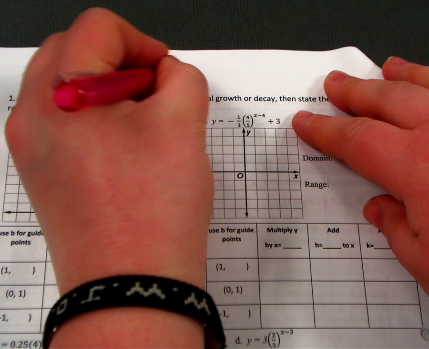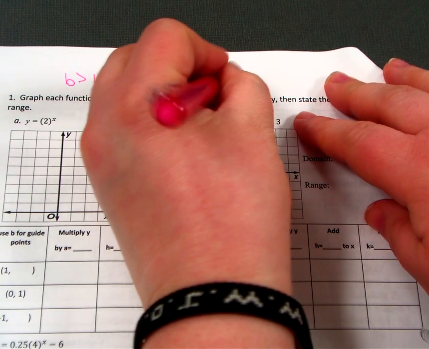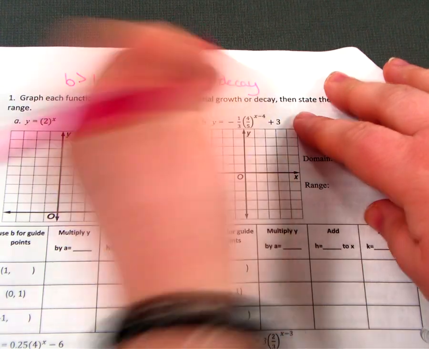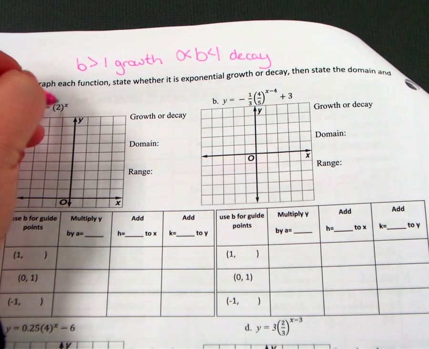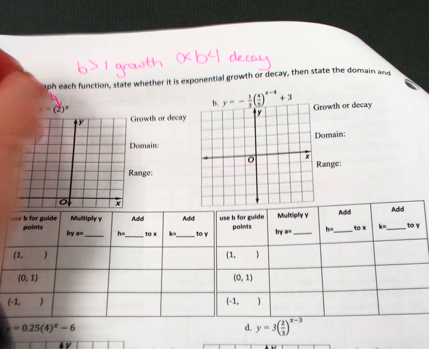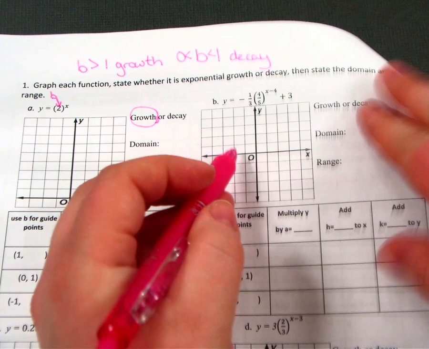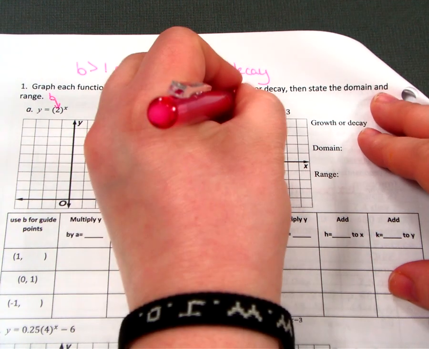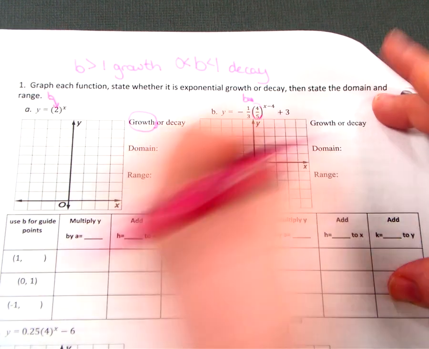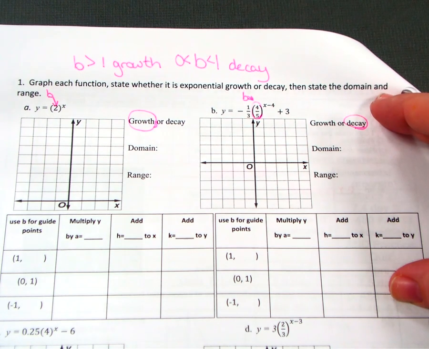And when B is between 0 and 1, we have exponential decay. So when you look at number 1A, the B value here is 2. So that represents exponential growth. And the next one, the B value is 4/5. So that represents exponential decay, because it's between 0 and 1.